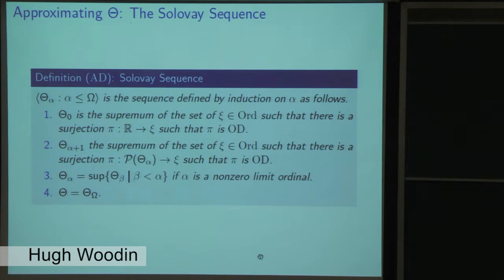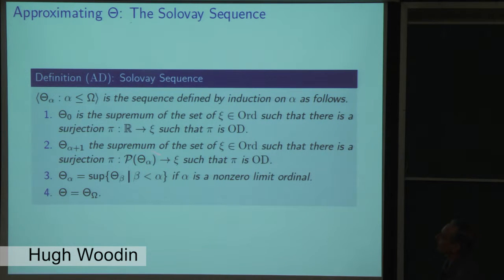So, okay, John already defined the Solovay sequence. It's a series of approximations to theta. This is now in the context of AD. Theta 0 is the sup of the ordinals onto which you can map the reals by a function that's OD. And then you move from theta alpha to theta alpha plus 1.